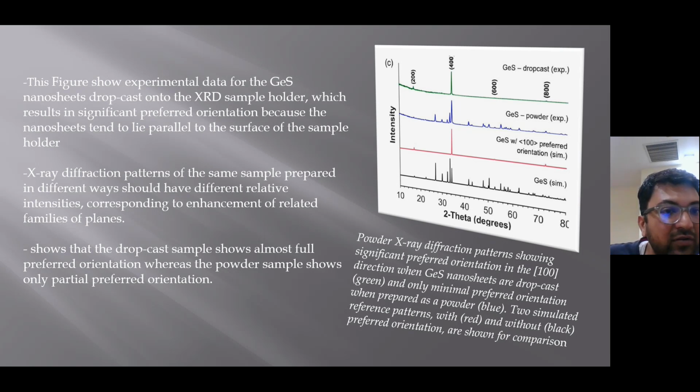The figure shows experimental data for gallium sulfide nanosheets drop cast onto the XRD sample holder, which results in significant preferred orientation because the nanosheets tend to lie parallel to the surface of the sample holder. X-ray diffraction patterns of the sample prepared in different ways should have different relative intensities, corresponding to enhancement of related families of planes. It shows that the drop-cast sample shows almost full preferred orientation, whereas the powder sample shows only partial preferred orientation.